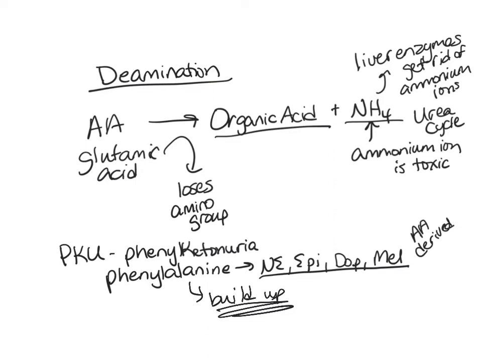So let's now take a look at how we get rid of this ammonium ion. When the ammonium ion is produced from the deamination of amino acids, we have to get rid of that ammonium ion because it's toxic. And so ammonium ion will enter into what we call the urea cycle.